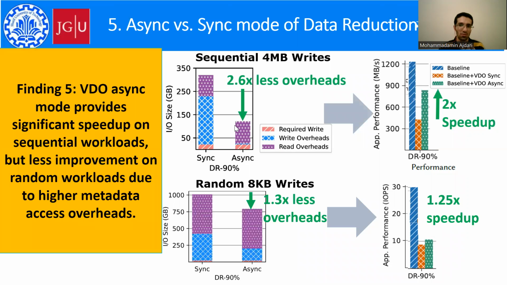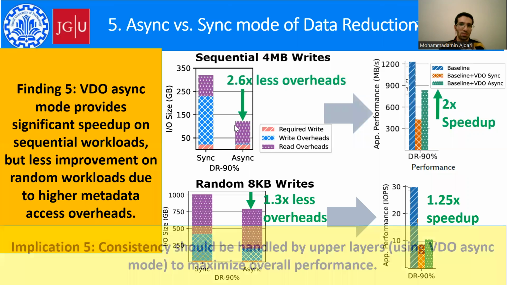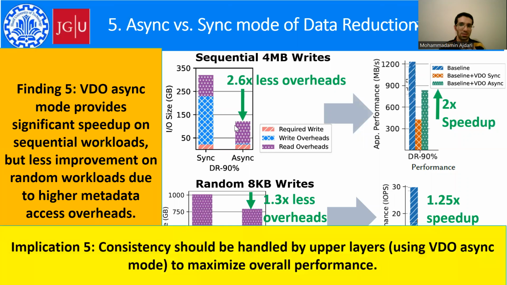For random small block writes, VDO async mode also reduces the write overheads, but the overheads and speedup are smaller than sequential workloads. Thus, as a best practice, we recommend to only provide strong consistency on demand, that is, VDO async mode, to unlock high performance potential.